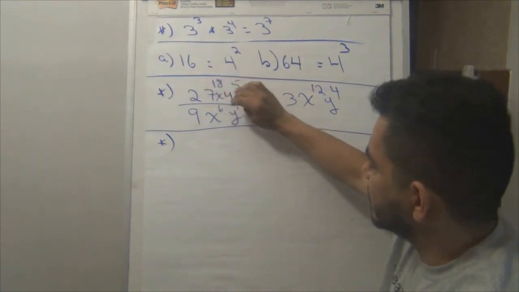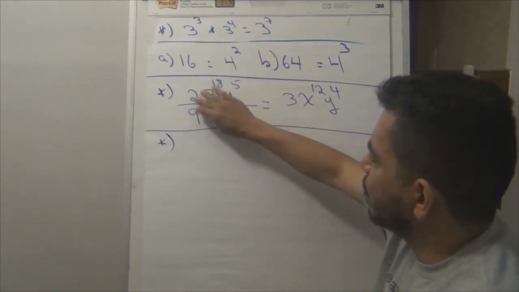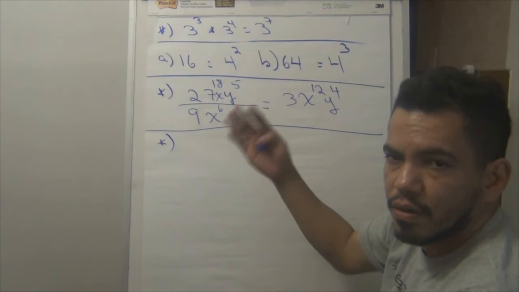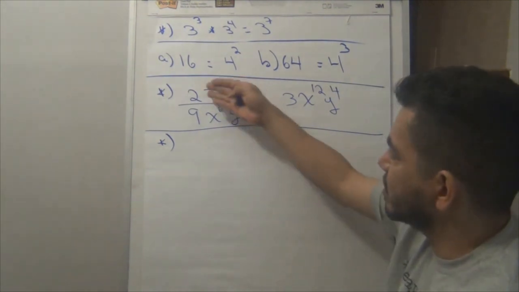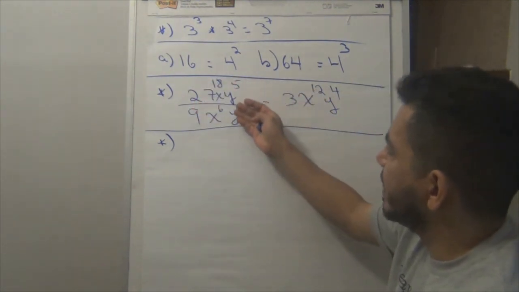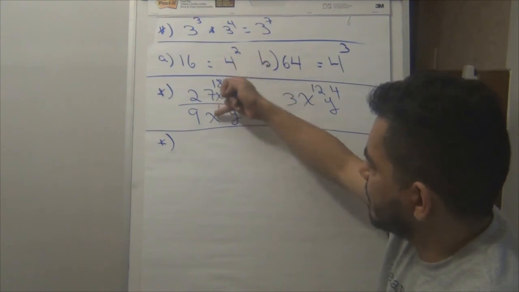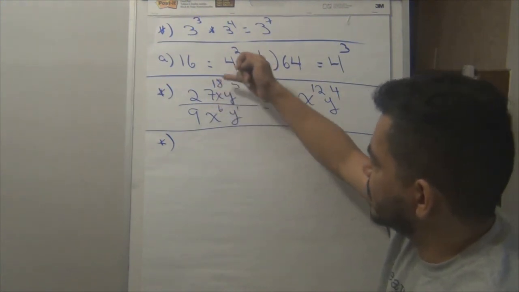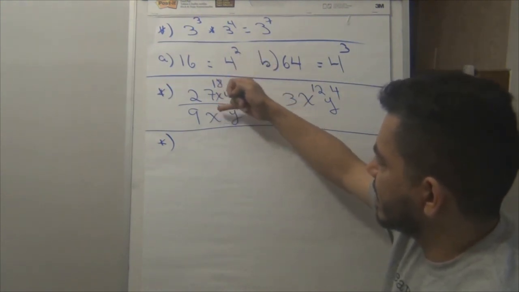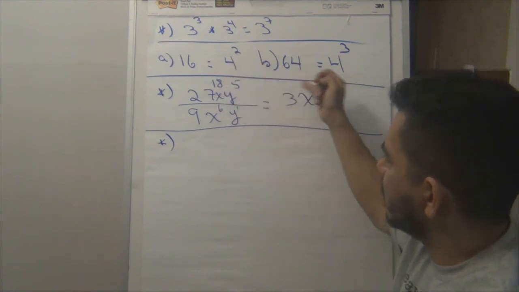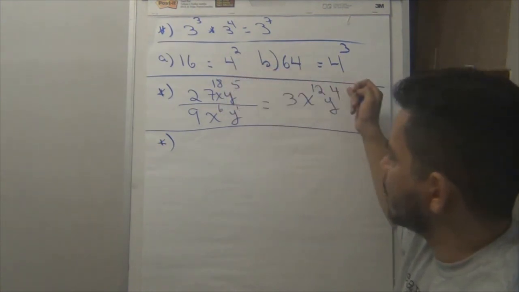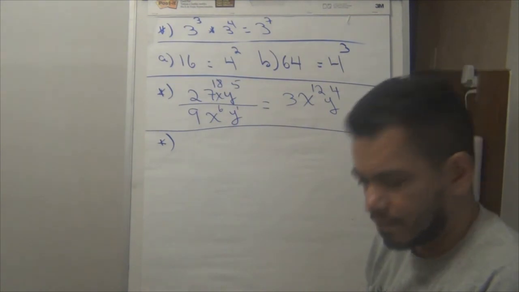So what you can say is the following. Well, we know that when we divide coefficients, we just divide them. So 27 divided by 9 is 3. And then when you divide powers of the same base, we have to subtract. So x to the 18th divided by x to the 6th is 18 minus 6, which is 12. And then 5 minus 1 is 4. And that's it.